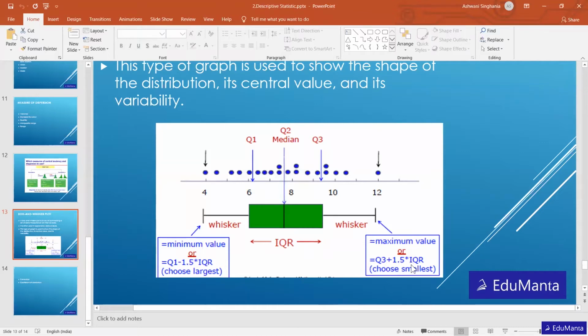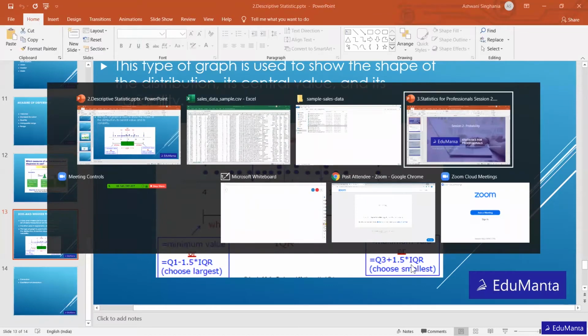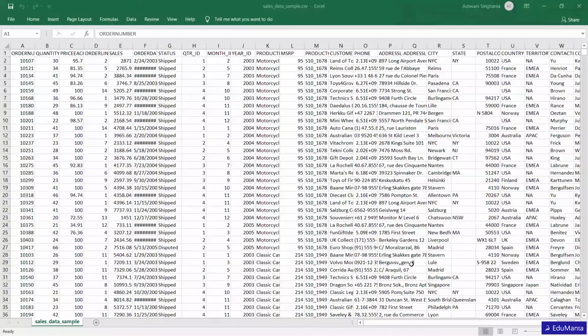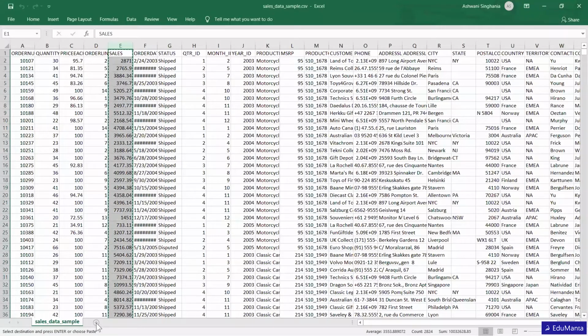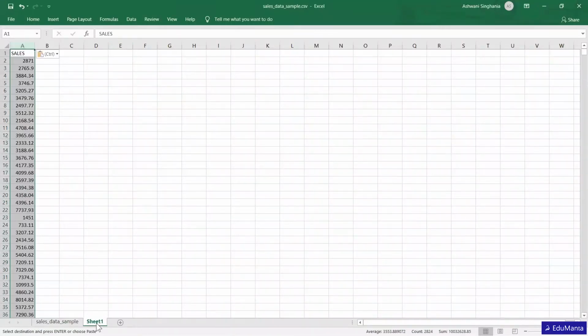Let's understand this through the data. I'm going to copy this data to the next sheet so that it will be clear to us. Here is the sales data, and we want to identify whether mean will be a suitable measure of central tendency, or whether it should be the median.